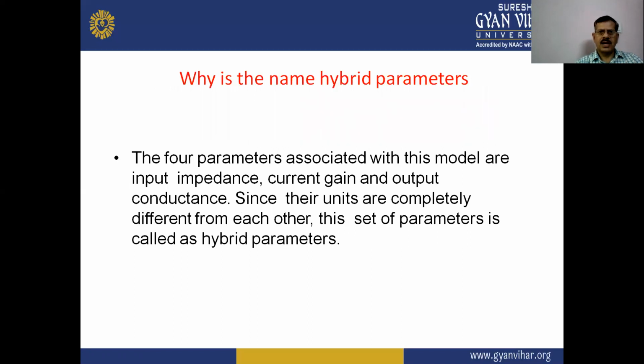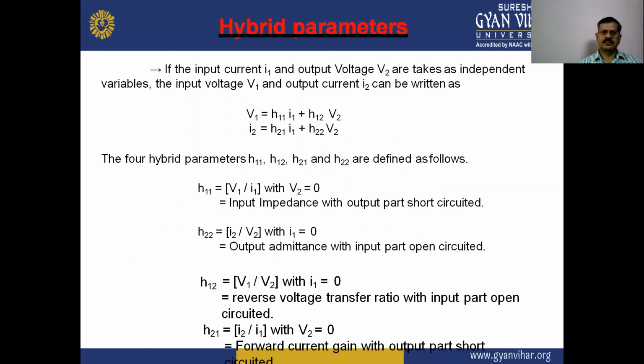Why is the name hybrid parameters? The four parameters associated with this model are input impedance, reverse voltage ratio, current gain and output conductance. Since their units are completely different from each other, this set of parameters is called hybrid parameters. The input current I1 and output voltage V2 are taken as independent variables.